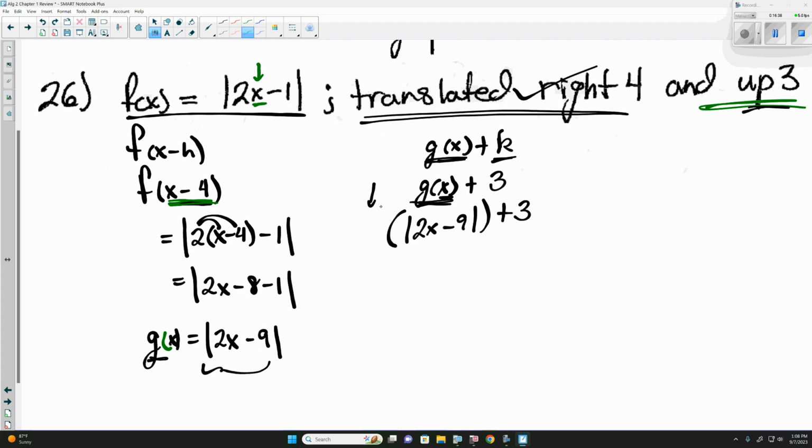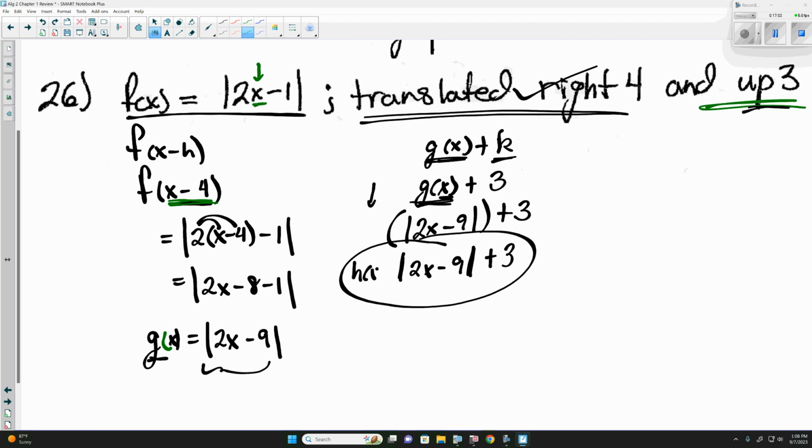Now, because there's nothing in front of the parentheses, we can go on and remove them, which tells us that we have the absolute value of 2x minus 9 and then plus 3. Do we have any like terms? Nothing that we can do with, because we can't move the 3 inside the absolute value. So this here is the final answer.